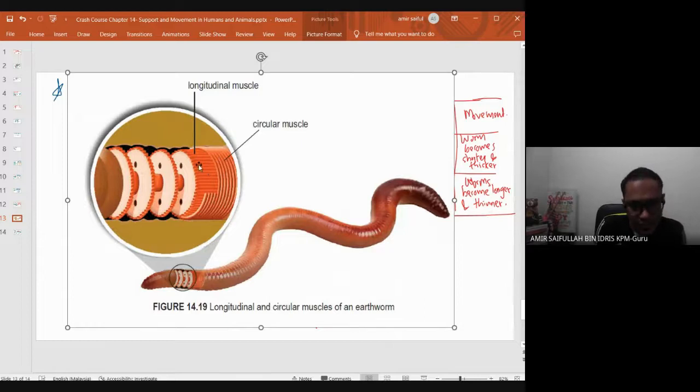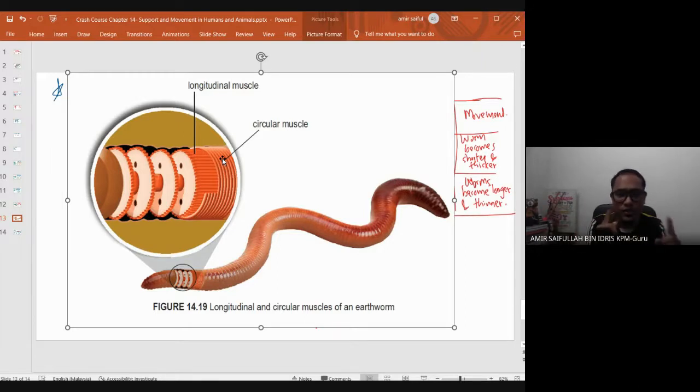So the inside one, if you cut the worm, you can see the inside one, they are longitudinal muscle. They're a straight line. And then the outside one is the circular muscle. So the one that you see outside of the worm is actually the circular muscle. Inside, they have the longitudinal muscle.